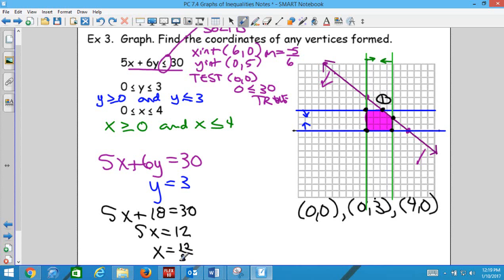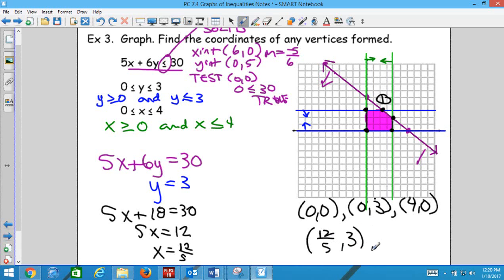So if you just looked at it and you thought it was 12/5, I would be really impressed. Anybody? Anybody? So 12/5. And then what is our y? What is it? 3. And that's what we plugged in.